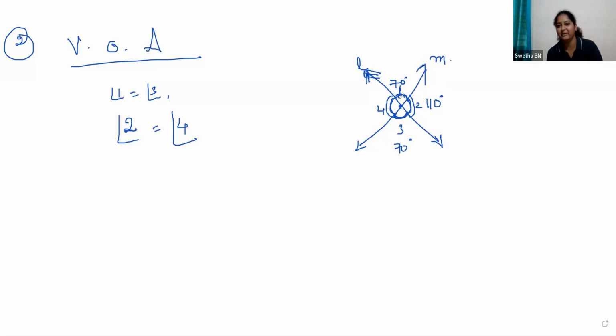It is a linear pair of angles, 1 plus 2. This is a straight line and the line is standing on the straight line, so we are getting two angles here. The sum of these two angles will be 180 degree. If it is 70, it will be 110. So if 2 is 110, 4 is also 110 degree. Like this, we find the angles. Got it?